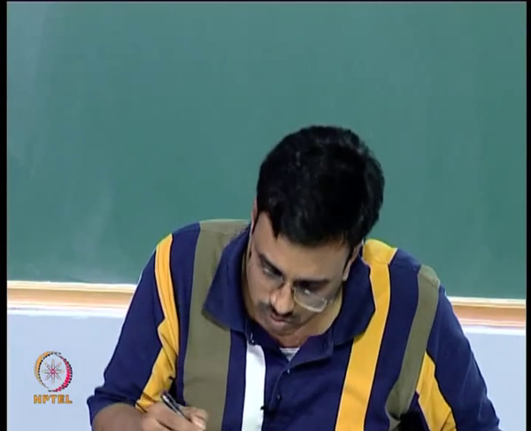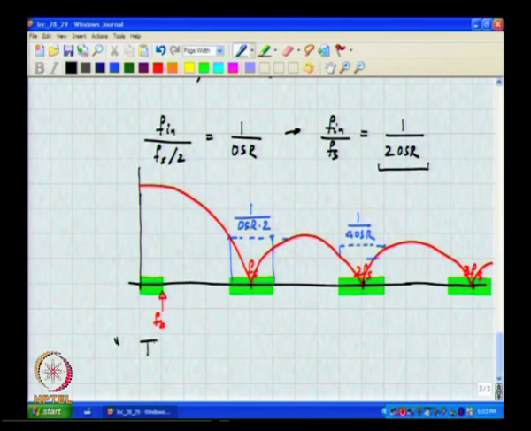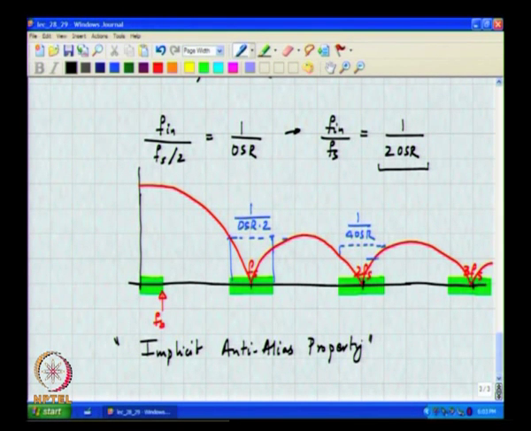Okay. So, this property is called the implicit anti-alias property of a continuous time delta sigma modulator.